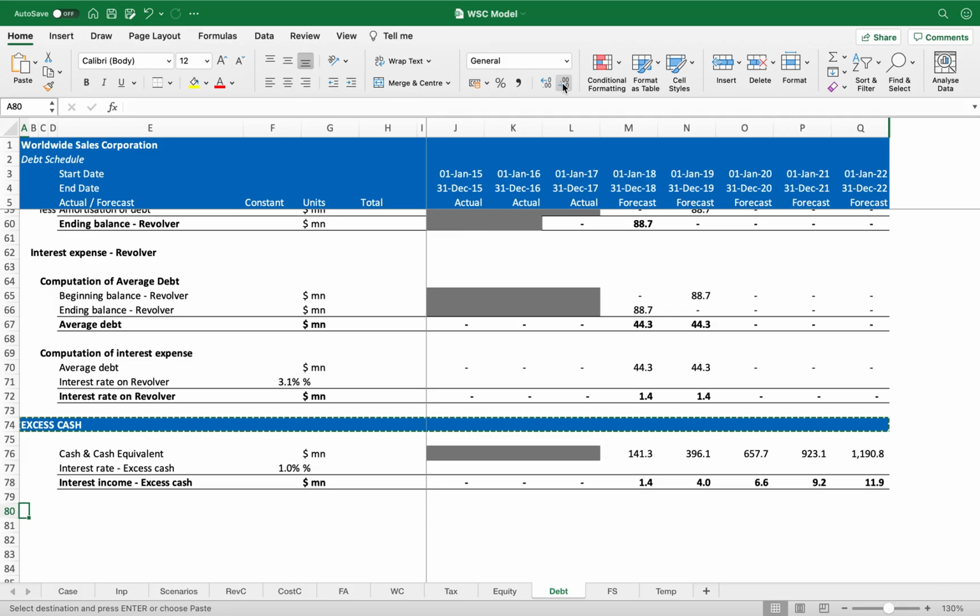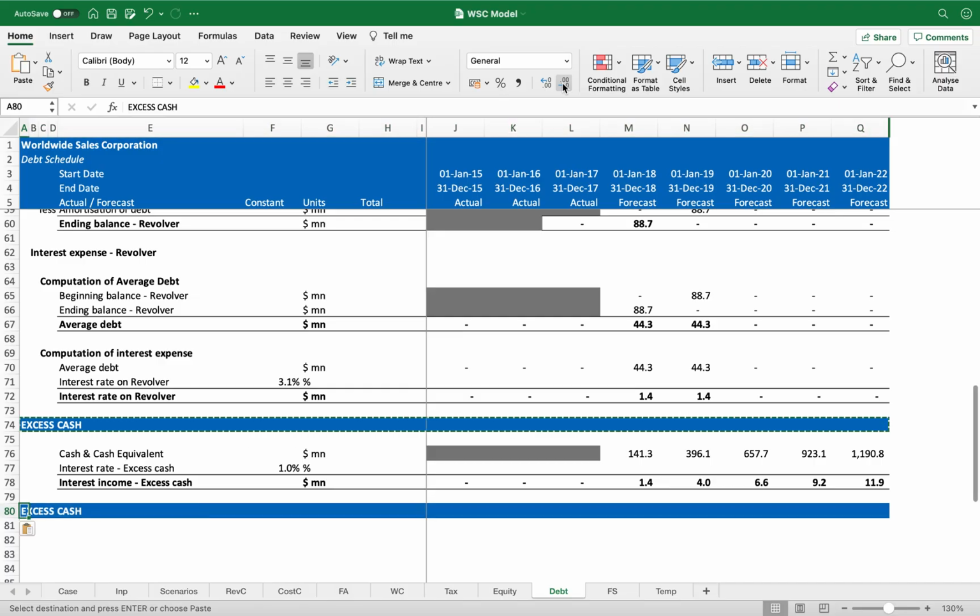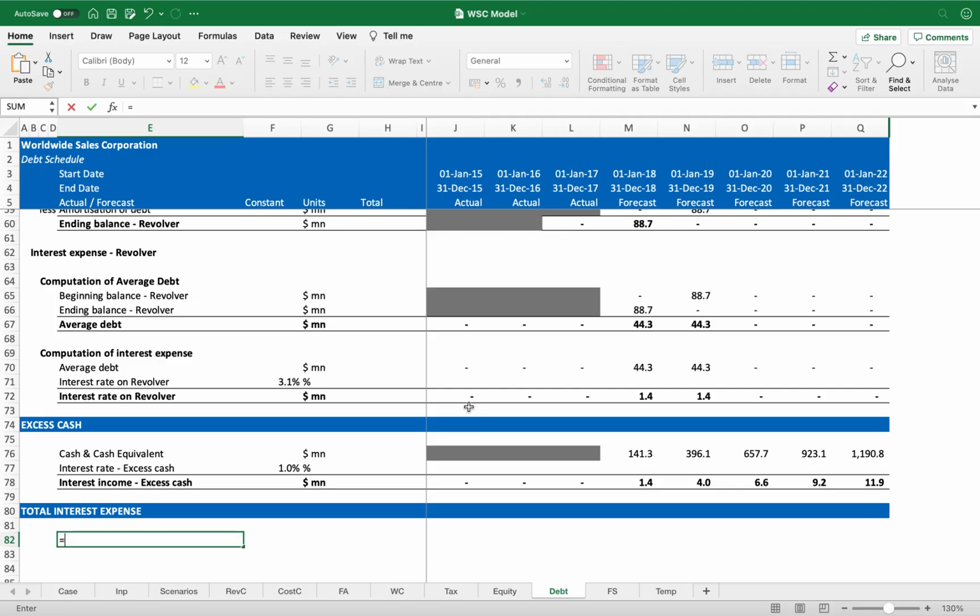Okay. Now everything is computed. Now I need to link interest expense in my income statement. So let me compute the total interest expense. I have it at different places, but let me just bring it together.